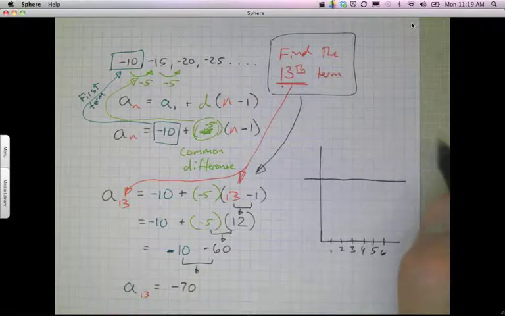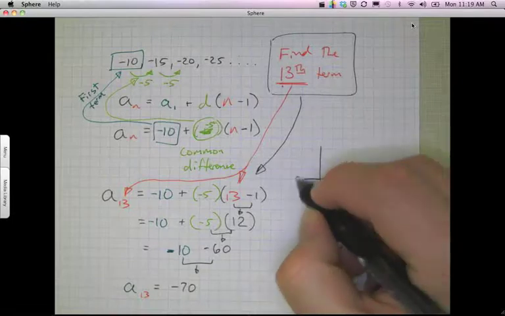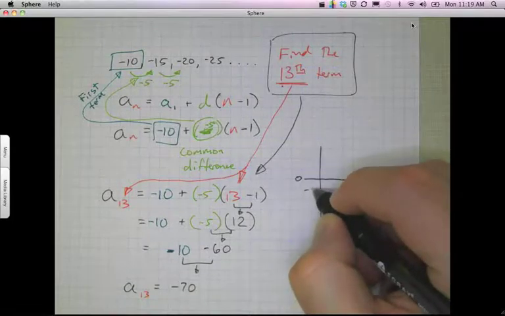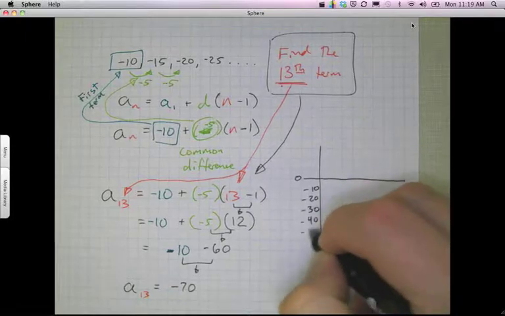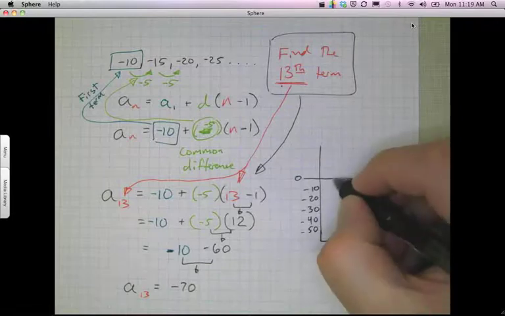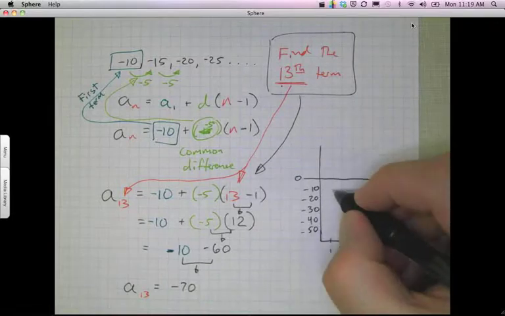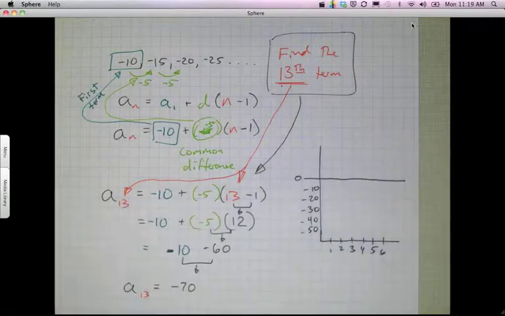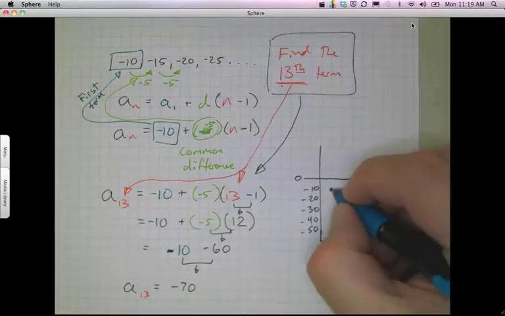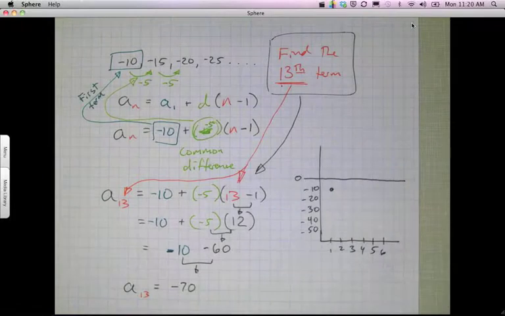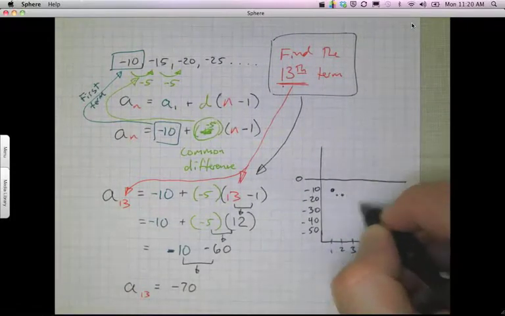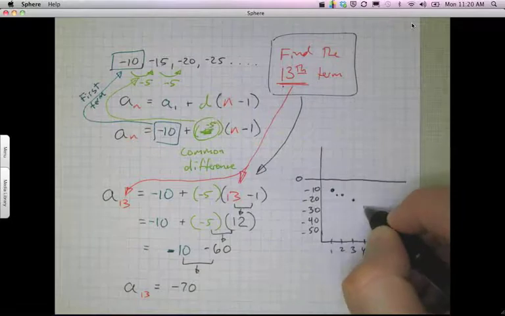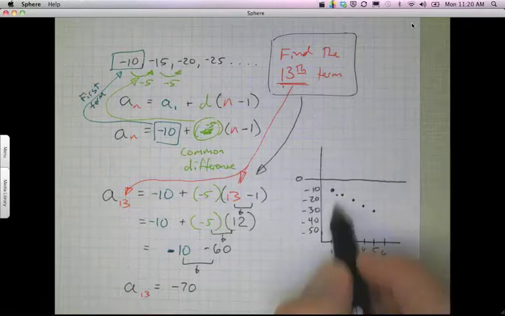This is a little bit ugly, so you have to forgive me, because I'm going to start at 0 here and then put negative 10, negative 20, negative 30, negative 40, negative 50. So my first term would actually be right here, my first dot. I'll put it in blue just to re-emphasize everything. So there's my first dot for my first term, and then the next one is going to be right here, and the third one is going to be right there, the fourth one right there, the fifth one right there, and it's going to continue on in this pattern.